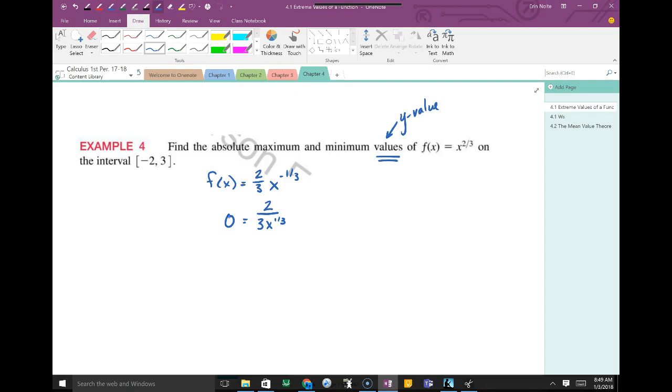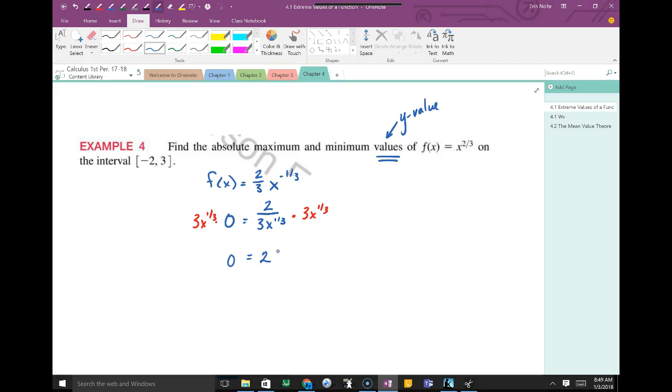Close. All we're going to do is multiply it. I'm going to multiply the 3x to the 1/3 to the other side. What happens when I multiply 0 by it? You get 0, so what is going to be left? 0 equals 2. Does it?